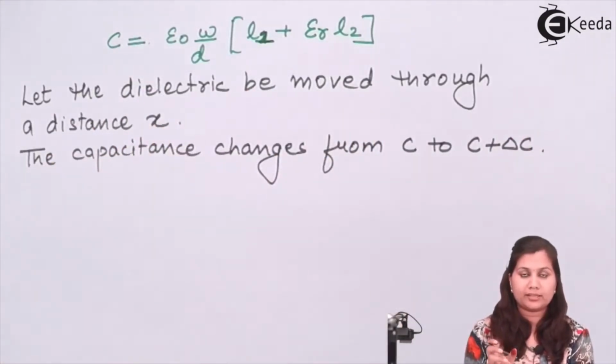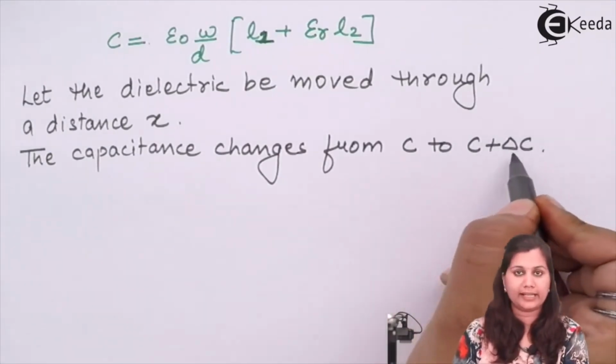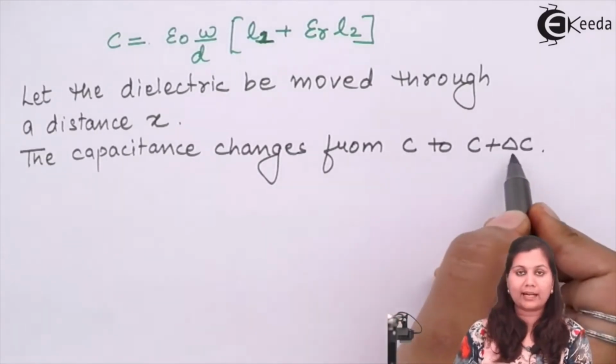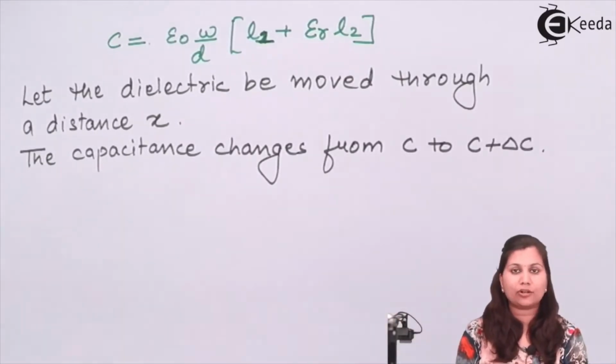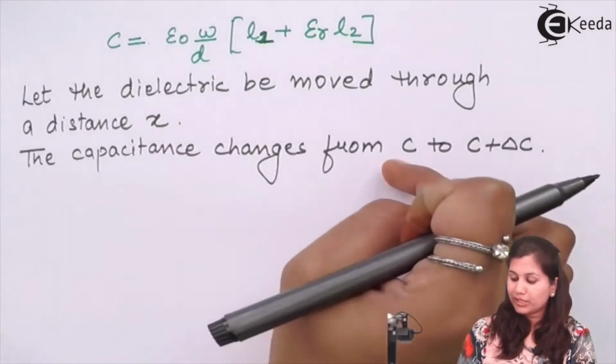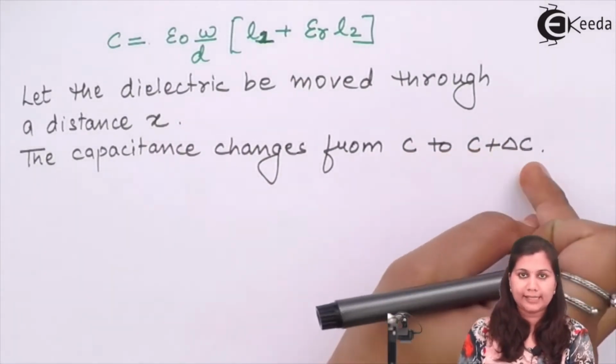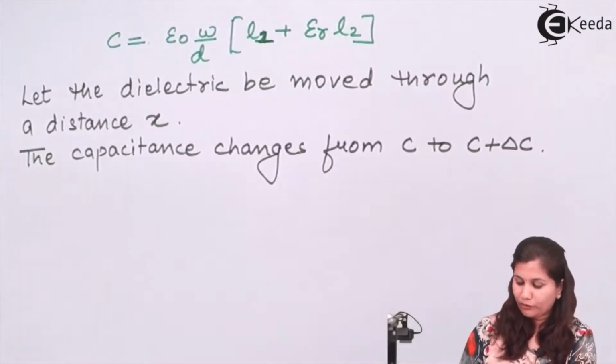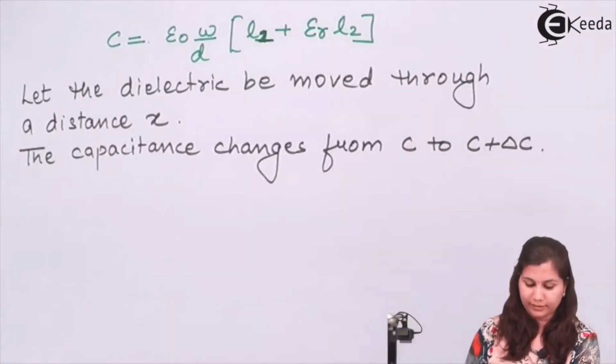Due to the movement of the dielectric, the capacitance is going to change, and suppose this change in capacitance is del C. This can be an increase in the capacitance or a decrease, so we can have a positive or negative value here. So C is changed to C plus del C. Now let us see what the value of this new capacitance will be.